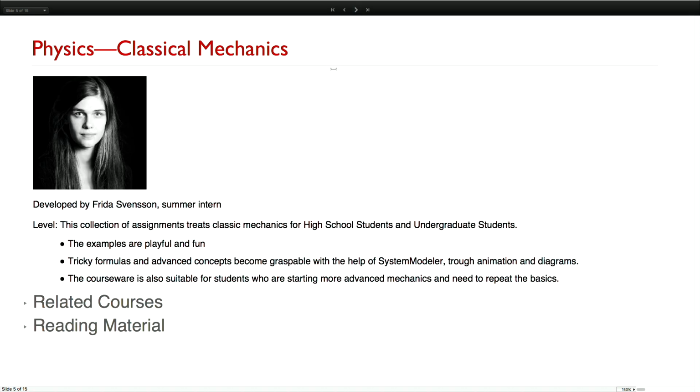So let's look at the physics part, what Frida worked on during the summer. The idea was to make examples that are playful and fun. She said that when she was studying back in high school, she had a lot of classmates that didn't like physics or math, and for that reason they didn't really get engaged and didn't learn too much.